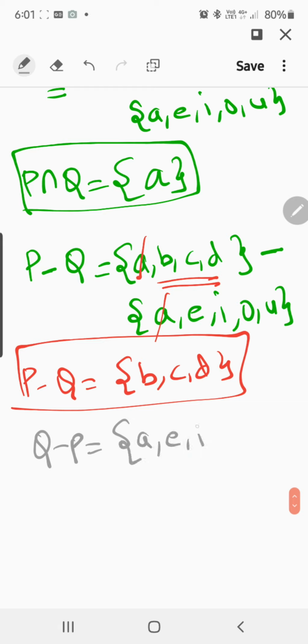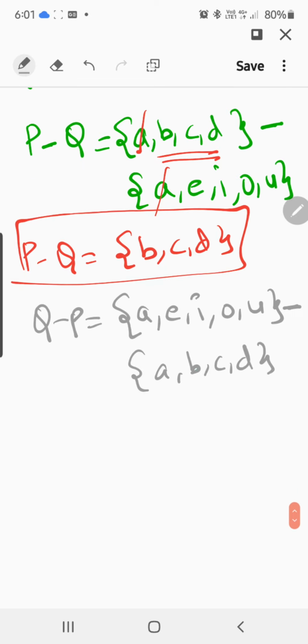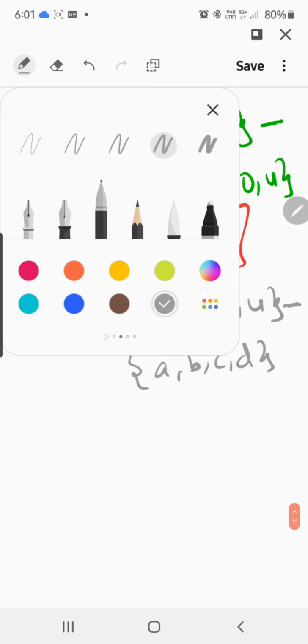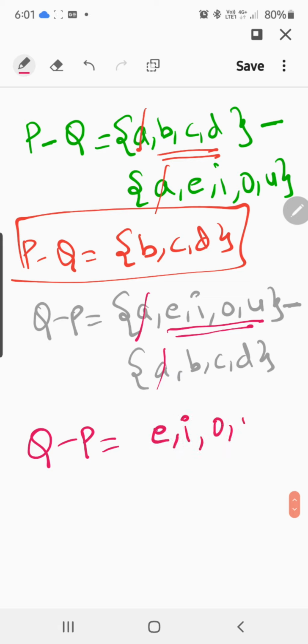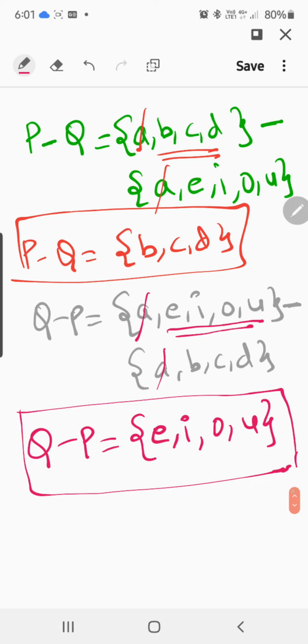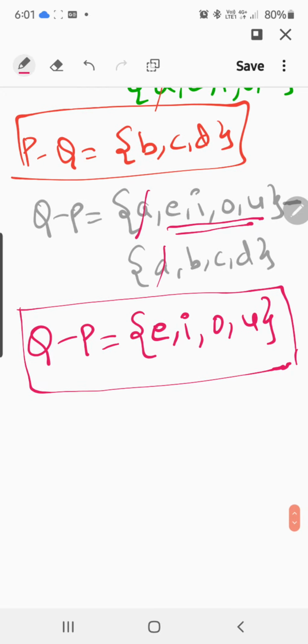A, E, I, O, U minus P, which is A comma B comma C comma D. Clearly, the common element in these two is A. So we strike it out, and whatever is left out in the first set, you have to write that only. That is Q minus P is equal to E, I, O, U. This is the way you have to perform difference in Boolean operations. Hope you all understand this clearly.